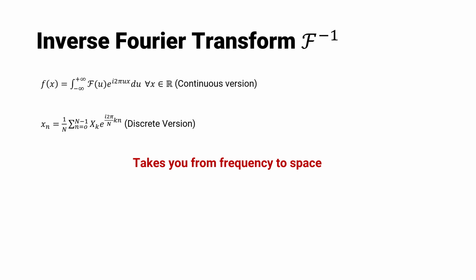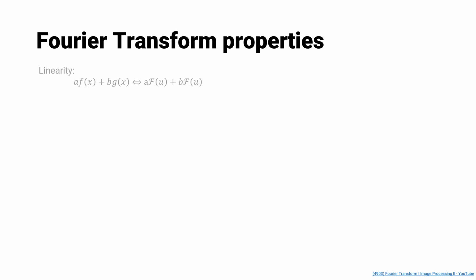Now let's look at some of the properties of the Fourier transform because it's super useful. The Fourier transform has the linearity property, which means that if you have scaled versions of signals in the spatial domain and you add them up, you can go into the frequency domain and add up the Fourier transformed versions with the same scaling as well.